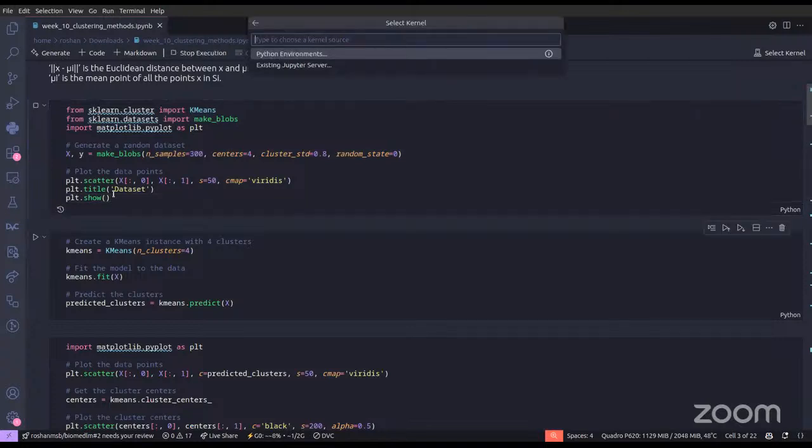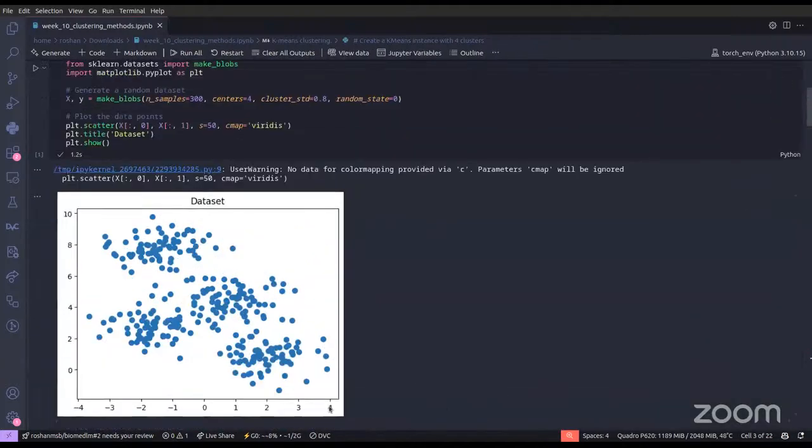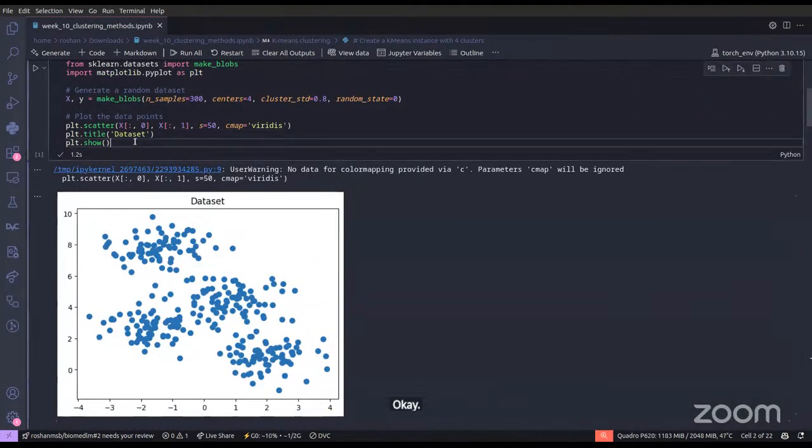Okay, let me just generate a sample data set. Okay, this is my data set now. Can anyone tell me what should be the value for k here?